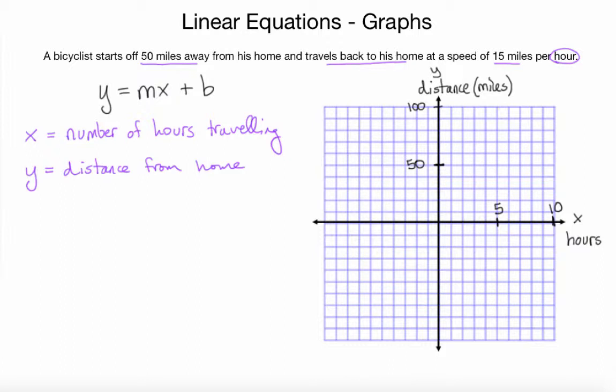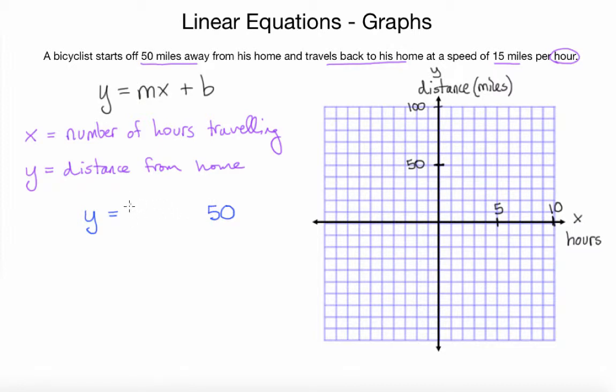All right, let's put together our equation then. The distance our biker is from his home is equal to, he starts off 50 miles away, so I'm going to put that in for b as my starting value. But then he's traveling back to his home.